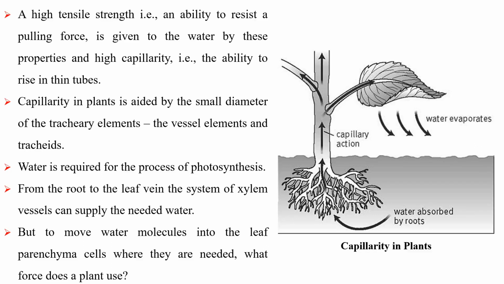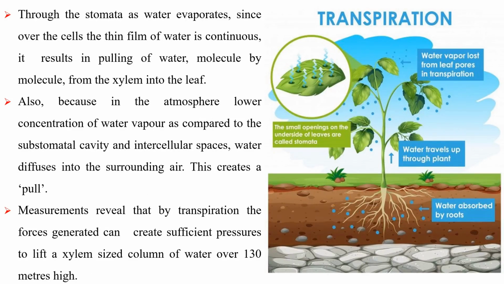But to move water molecules into the leaf parenchyma cells where they are needed, what force does a plant use? Through the stomata, as water evaporates, since over the cell the thin film of water is continuous, it results in pulling of water molecule by molecule from the xylem into the leaf.